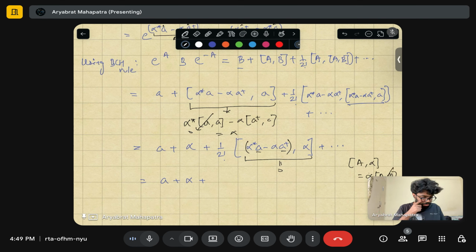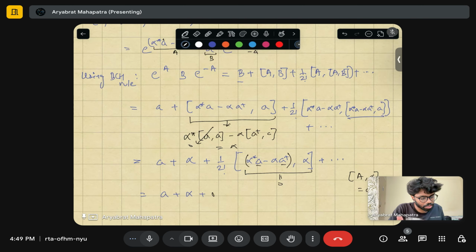I was expanding this and writing it out only for completeness, but it is trivial that it is zero, so plus 0. In the same way you will see that the other higher terms will also go to 0, which I have not shown. That is why in the series itself I have kept up to 3 terms, because most of the time this is enough to write down your expressions when you have this kind of exponential operator.